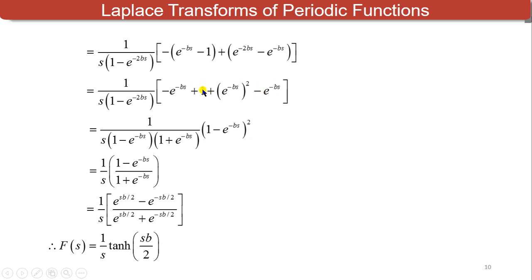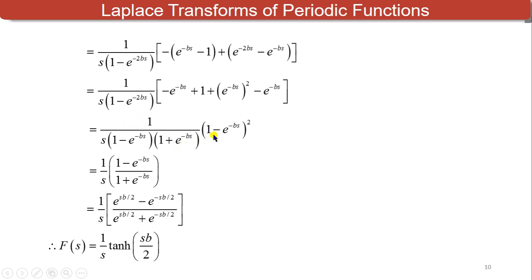This is of the form a square plus b square minus 2ab. So we can write a minus b whole square. In the denominator we have 1 by s into a minus b into a plus b, and this is a square minus b square, that is 1 square minus e power minus bs whole square, we can write. So a square minus b square can be written as a minus b into a plus b.